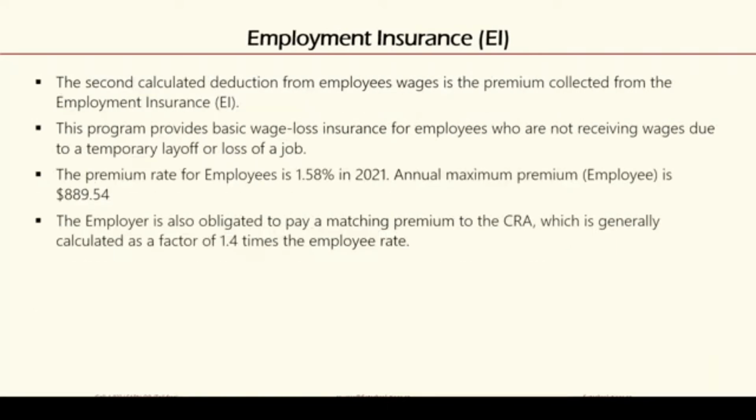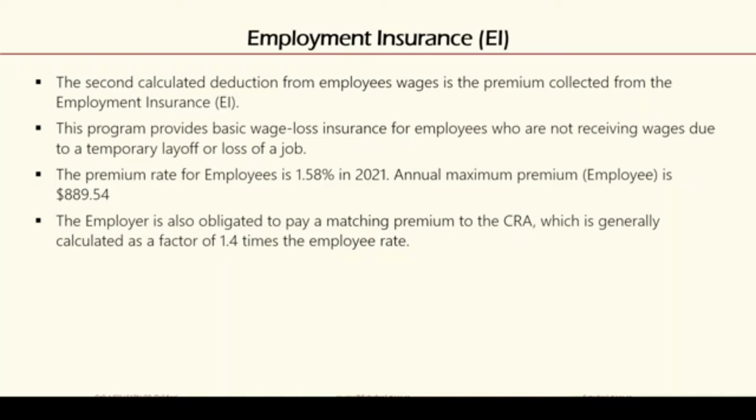Right, let's have a look at the next one, which is employment insurance, EI. The second calculated deduction from employees' wages is the premium collected for employment insurance. This program provides basic wage loss insurance for employees who are not receiving wages due to a temporary layoff or loss of a job.